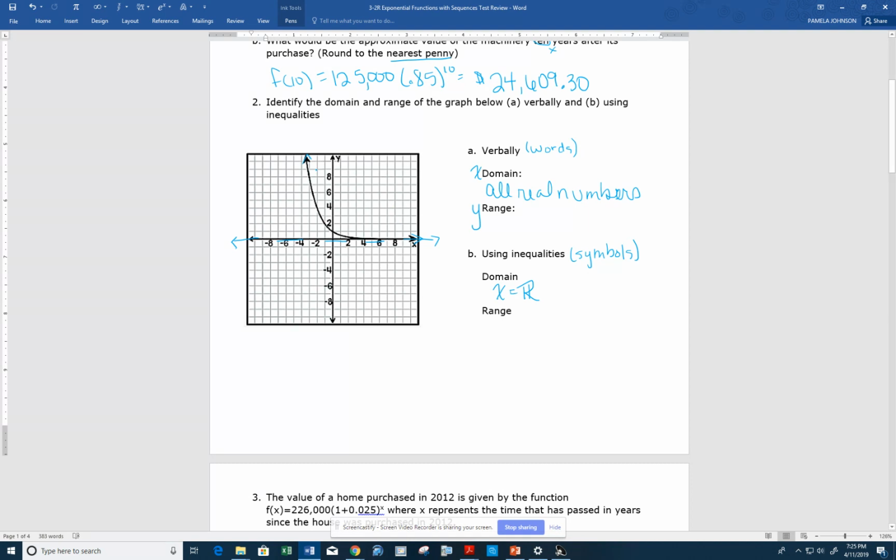So for right now, we notice that our y values are going to continue to go up, and they're going to continue to get closer and closer to 0 without ever actually getting to 0. So our range is all real numbers greater than 0.